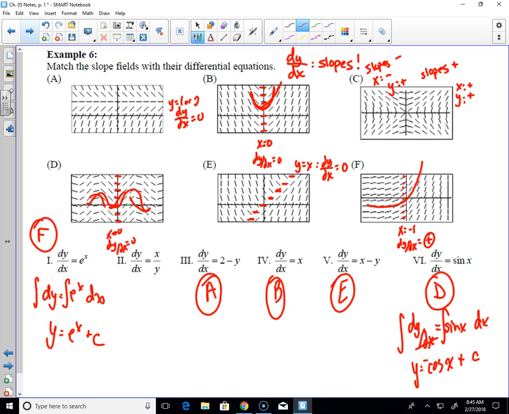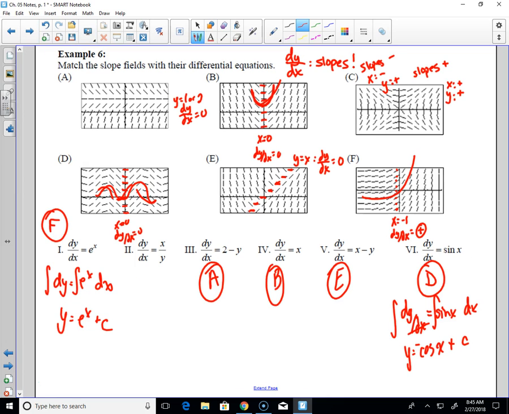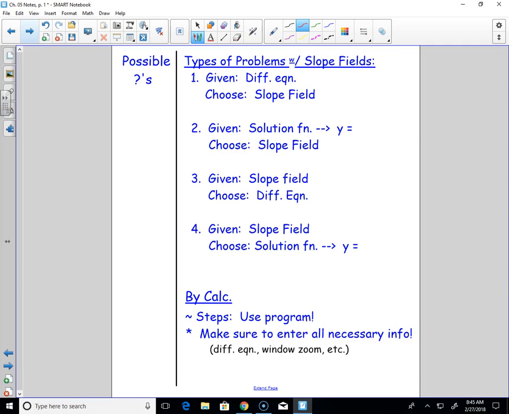The other way is that you could have literally picked a point like 2, 1 and said, oh, 2 over 1 is a positive 2, it's positive. Whereas over here, if you picked 2, 1, you might end up with a negative. So sometimes you plug in points also. There are lots of different strategies for matching. That gives you a little bit of experience.